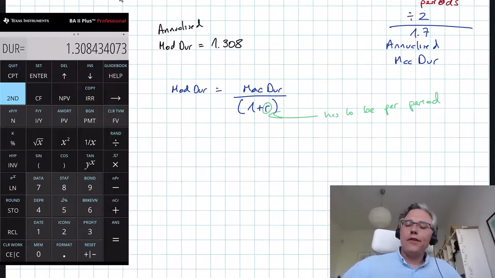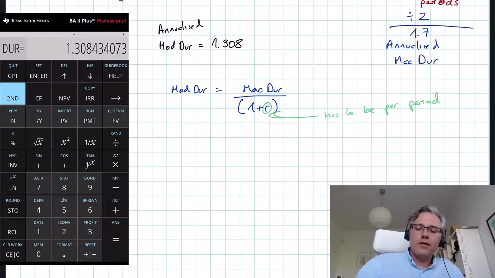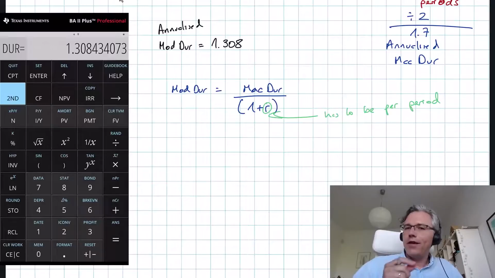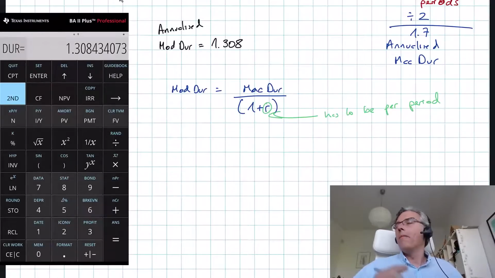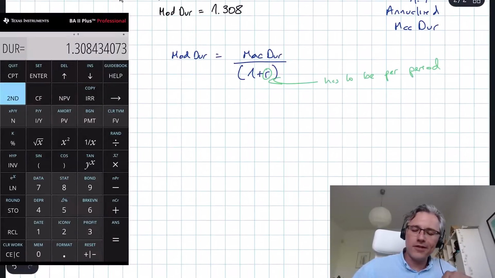So even though the modified duration displayed over here is annualized, when you make the relevant conversion, you still have to use not 60%, the full YTM, but half of it, so 30% per period in this rather extreme example.